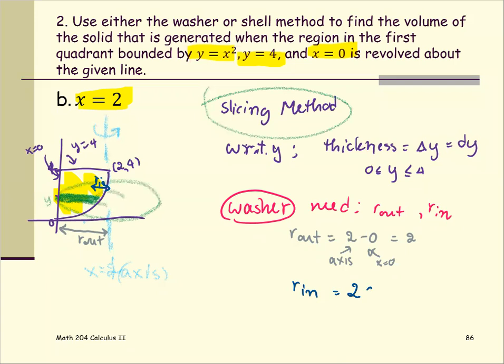The curve that we use is this one, y equals x squared. Recall that if we work with respect to y, the function has to be rewritten as x in terms of y. So y equals x squared becomes x equals square root of y. The inner radius is the axis of revolution function minus the closest function, which is square root of y.